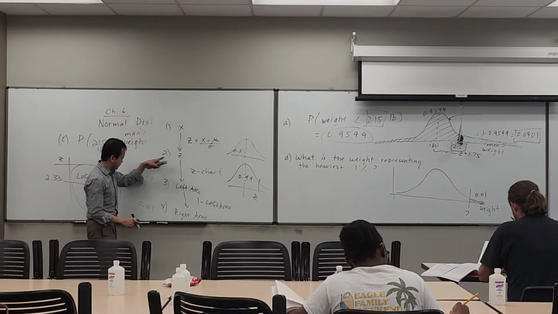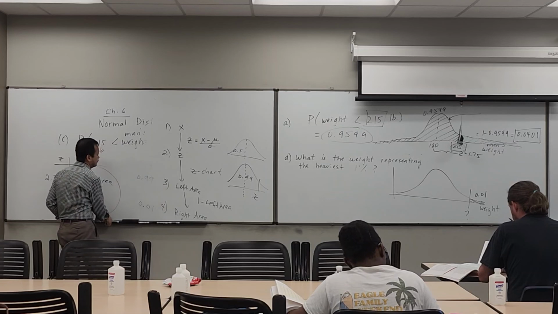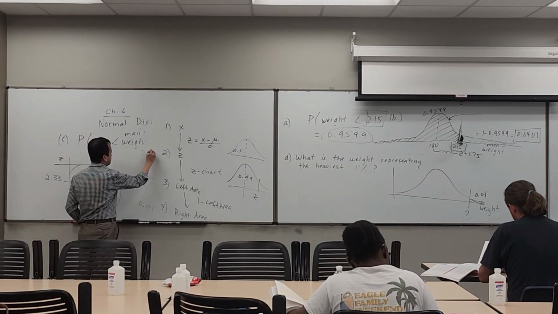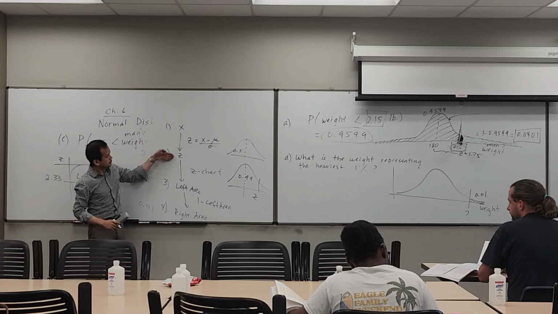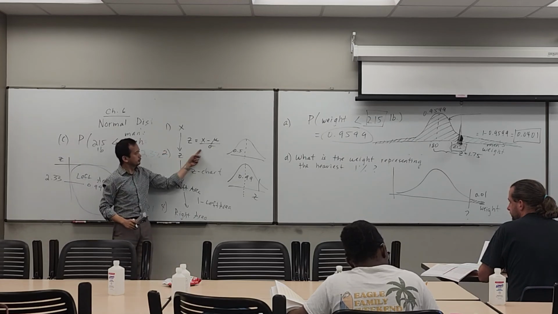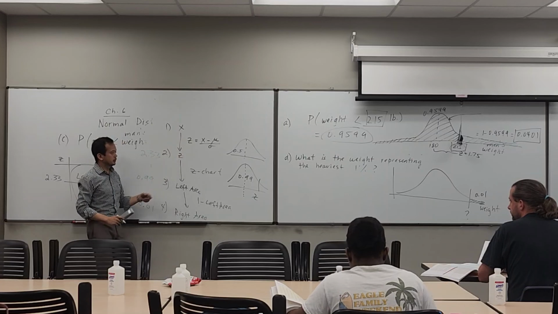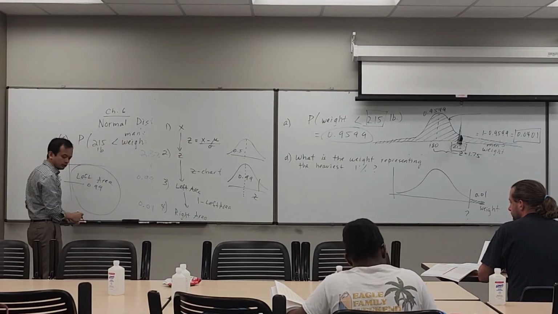Okay, now that we've got this z-score, which is 2.33, we want to find the original data point. Between these two steps involves the z-score formula. So we're going to fill in what we know and solve for what we don't know.